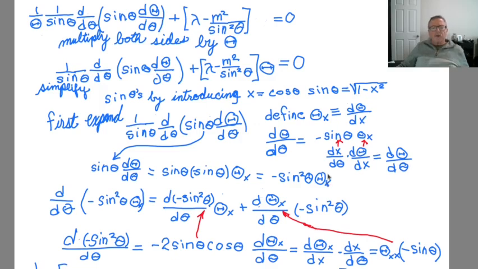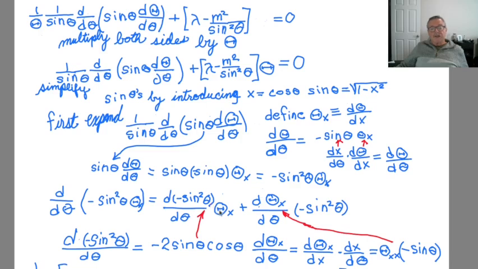So what's going on next? That was all inside here, so this up here becomes this down here. First derivative of negative sine squared theta times the first derivative of theta with respect to x. Wow, how confusing can you be? Okay, derivative of sine squared theta, d theta.